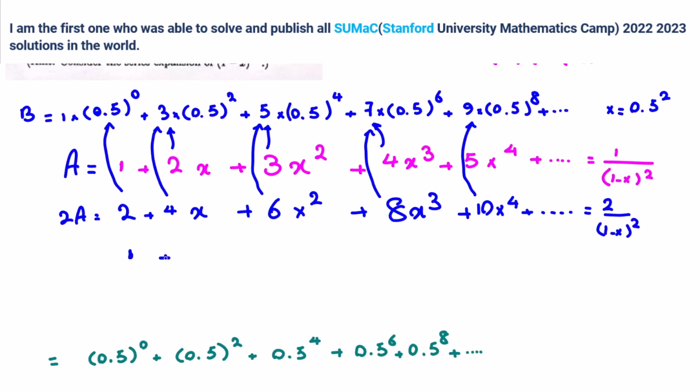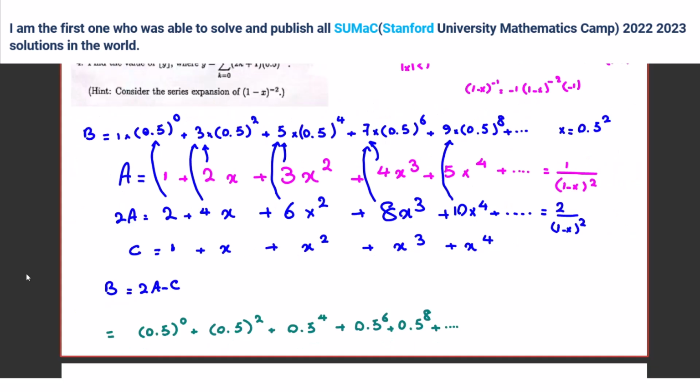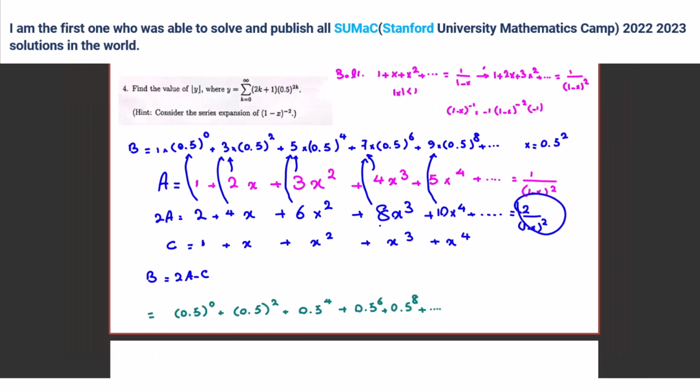So if you write 1 plus x squared plus x cubed plus x to the 4, suppose it is c. Do you agree 2a minus c is b? So we know 2a easily. You can easily calculate c, and you can replace x with this and calculate b, right? And b is this one, okay? So try.